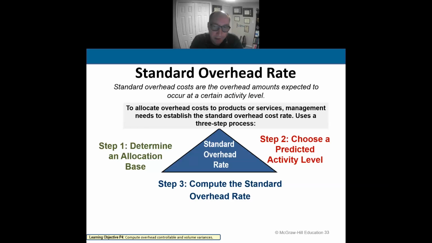It's usually like the number of hours it takes to manufacture 3,500 golf clubs. 3,500, that would be our allocation. Step two, choose a predicted activity level. How many units? Step three, compute the standard overhead rate.